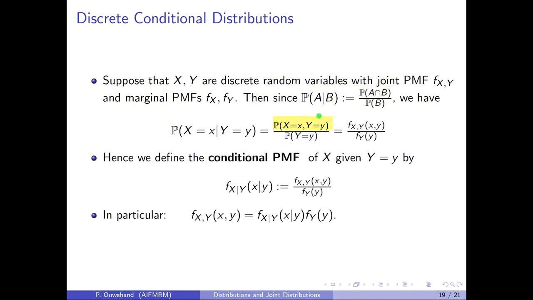The numerator is just the joint PMF of x and y, and the denominator is the marginal PMF of y. Hence, we define the conditional PMF of x, given that capital Y is equal to little y, to be this ratio as follows.